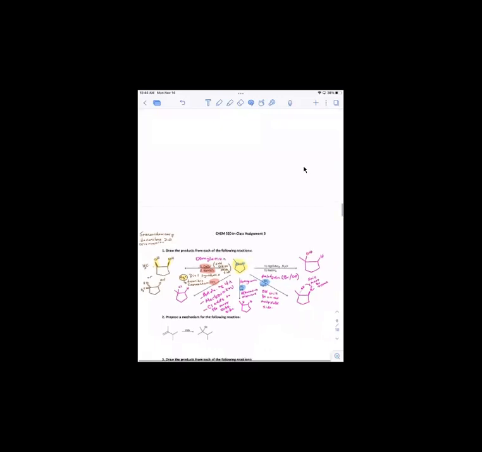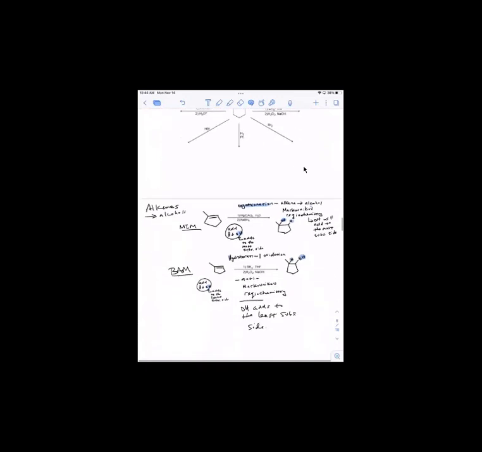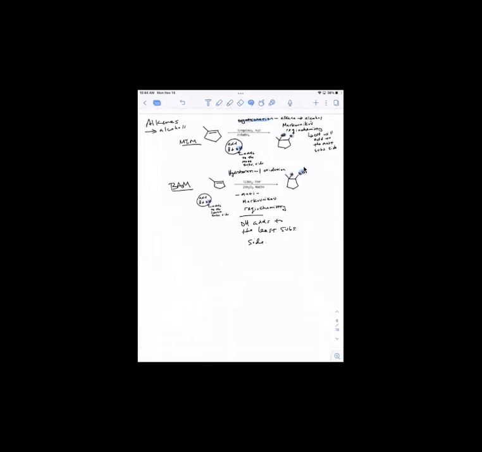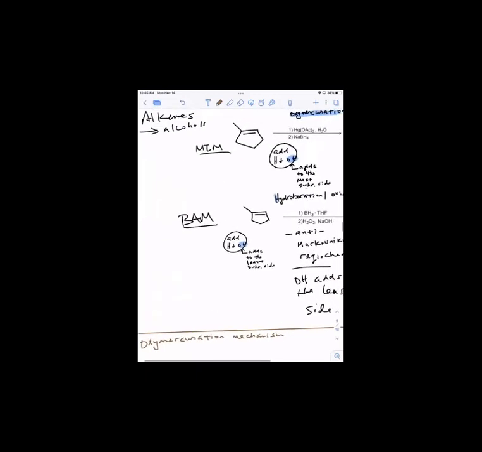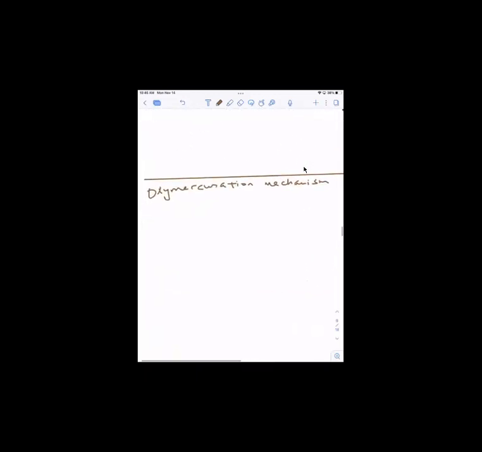Okay. I said we would look at the mechanism for, let's do oxymercuration first, since we started with that. All right, so for that mechanism, let's just keep that start material.